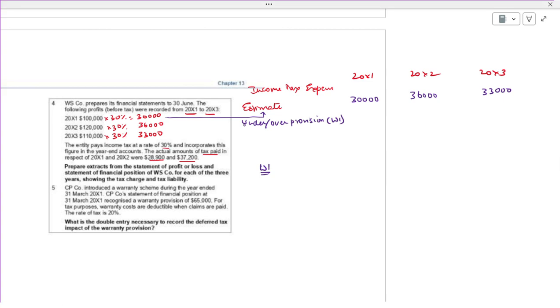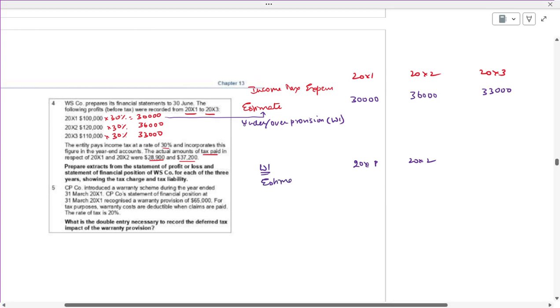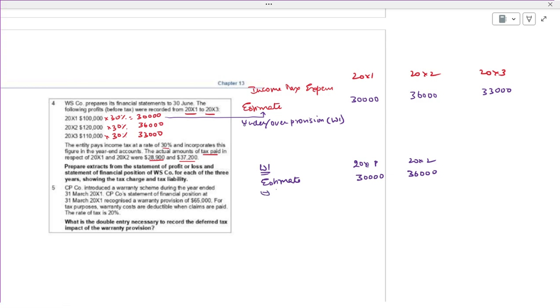They have made an estimate of 30,000 for 2001 and 36,000 for 2002. Nothing is there in 2003. How much tax have they paid?